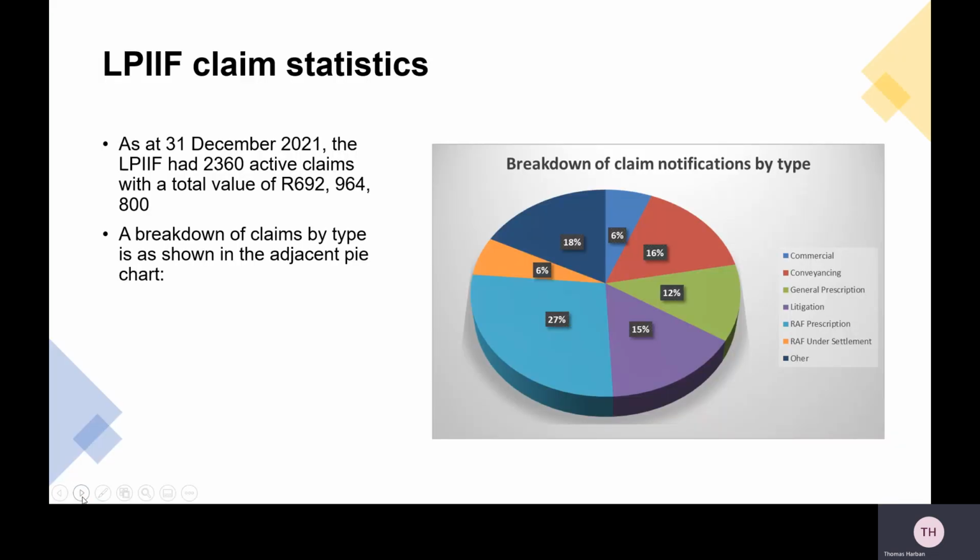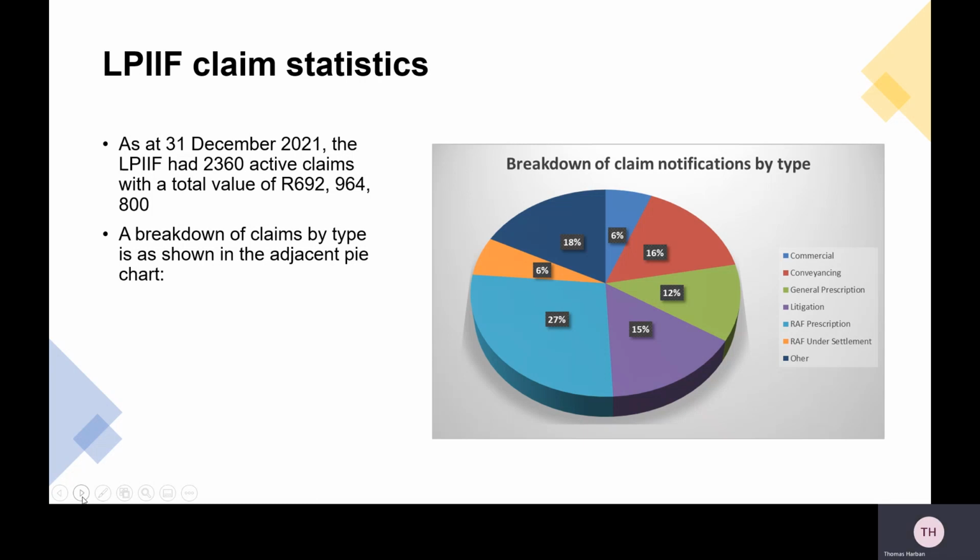If we could just look at the claims statistics to help you see where the high risk areas are in practice. At the end of 2021, the LPWF had more than 2,300 active claims, and the total value was close to 700 million rands in those claims.